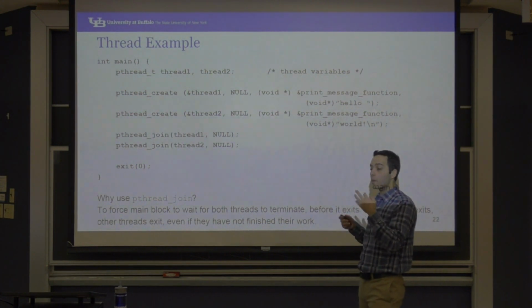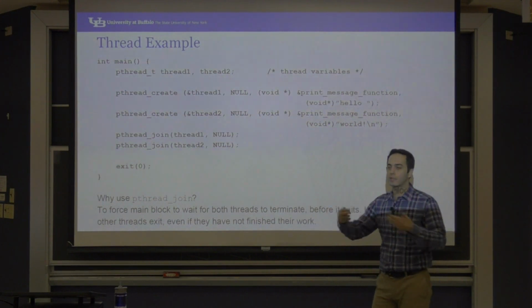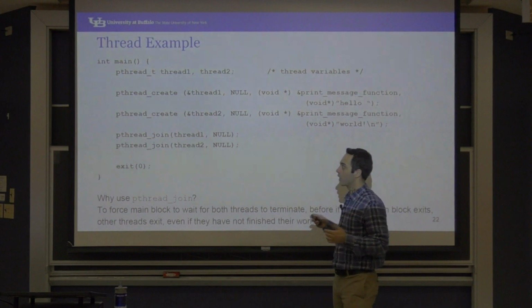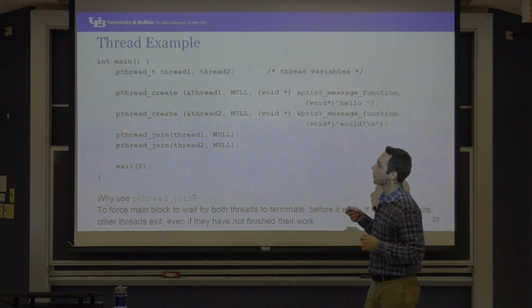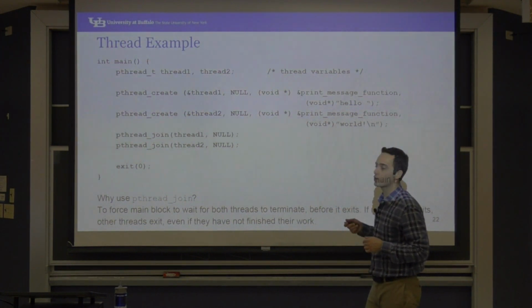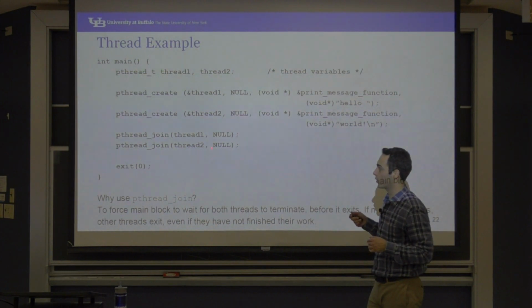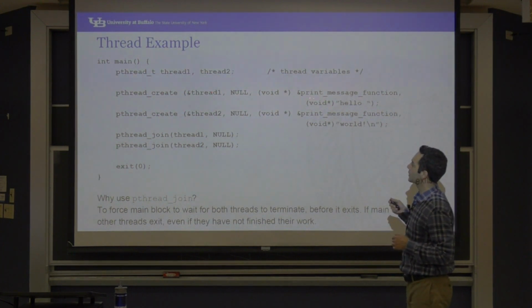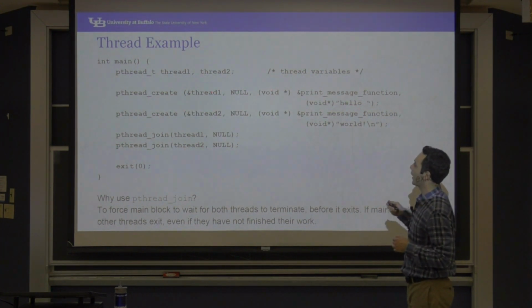And remember that each of them can now get scheduled in or out, and we cannot rely on any order. So maybe this thread gets finished and calls exit if we don't call these, right? Maybe thread 1 gets executed and prints hello, and then this one prints world.